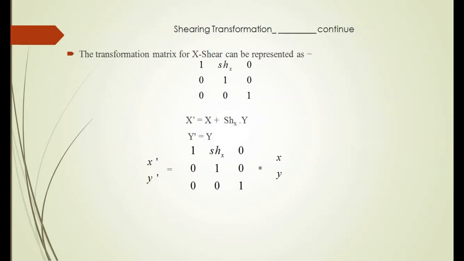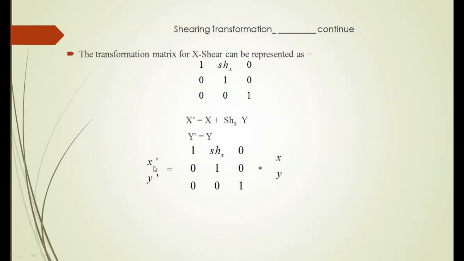So we keep the y coordinate the same as it is, that is y dash is equal to y, meaning the new coordinate is equal to the old coordinate, and the change is only in the x coordinate, that is x dash is equal to x plus SHX into y.